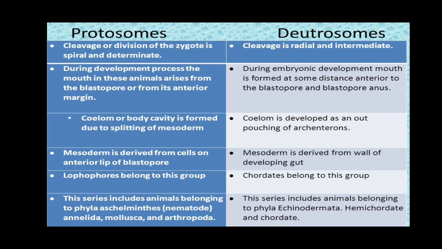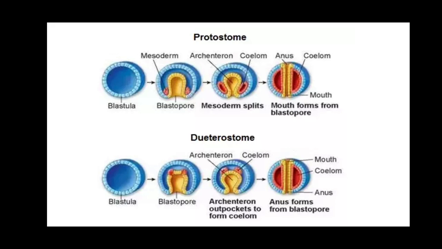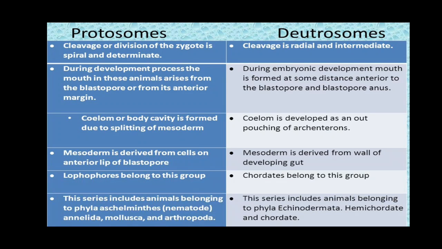But in deuterostomes, coelom is developed as an outpouching of archenteron. Mesoderm is derived from the cells on the interior lip of the blastopore in protostomes, and in deuterostomes, mesoderm is derived from the wall of the developing gut.